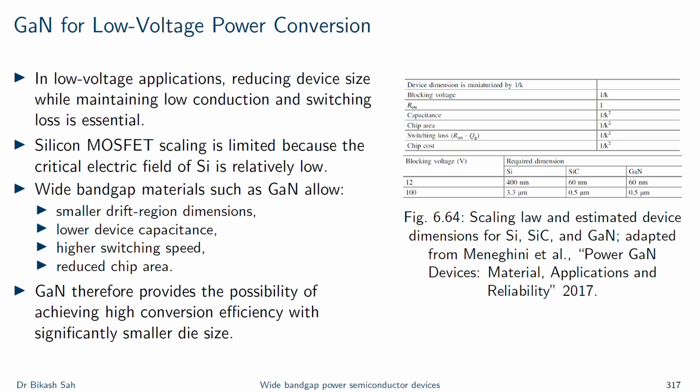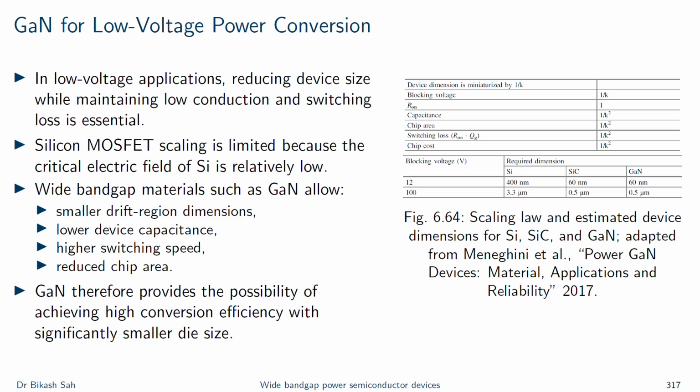Then we have the point of load converter, USB chargers, telecom supplies, and automotive auxiliary power converters as well. These all operate at a few hundred volts, generally less than 200 volts in most cases, or at max around 400 volts. So in these systems, the dominant challenge is often not blocking voltage, but reducing conduction and switching losses in a very small chip area.